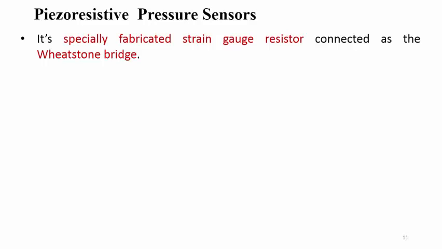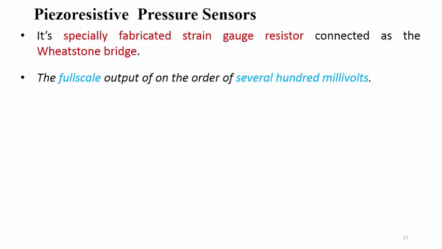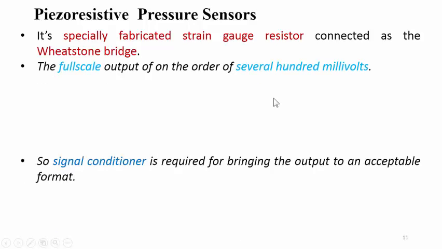Again you will find the driver circuit or Wheatstone bridge kind of circuitry, which is responsible for measuring the change in resistance and providing a sufficient output to the next stage to measure the differential voltage.